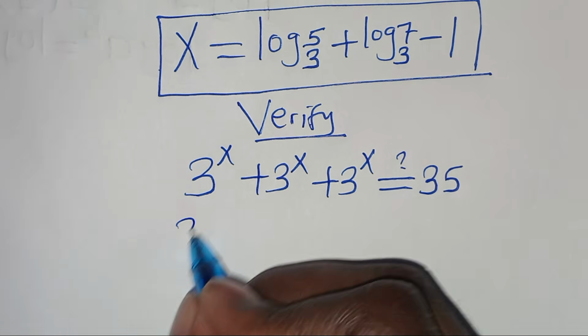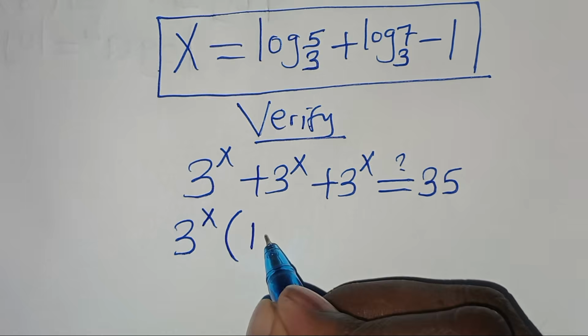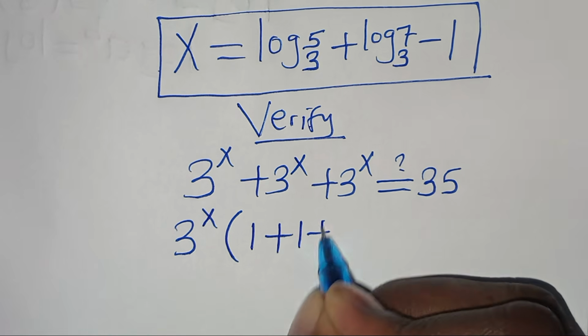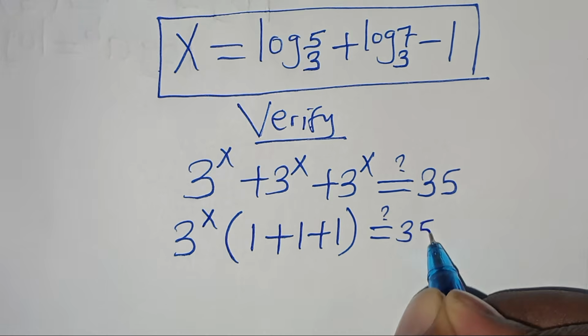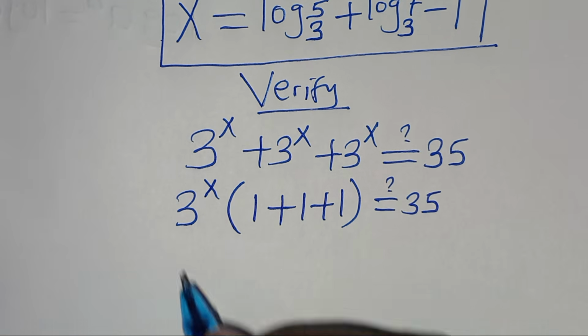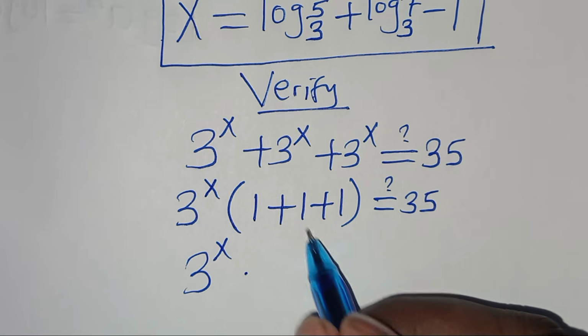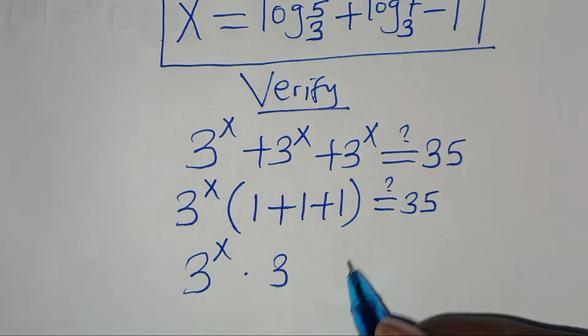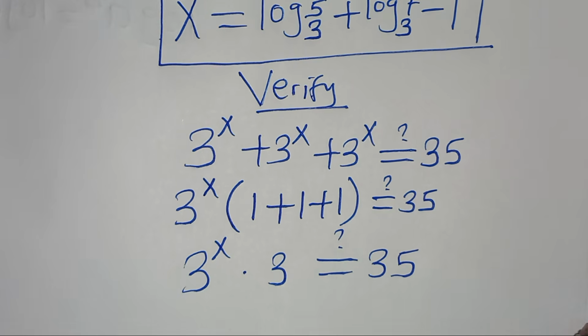Since 3 to the power of x is common here, we factor out 3 to the power of x into the parentheses. We have 1 plus 1 plus 1. Now this is 3 to the power of x multiplied by 1 plus 1 plus 1, this is 3, and this is supposed to give us a value of 35.